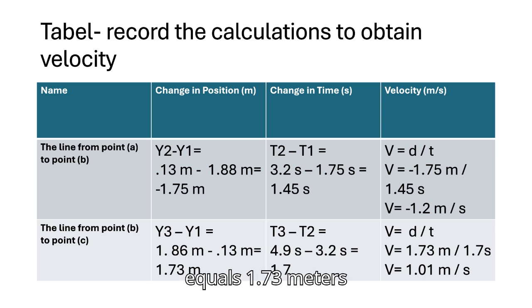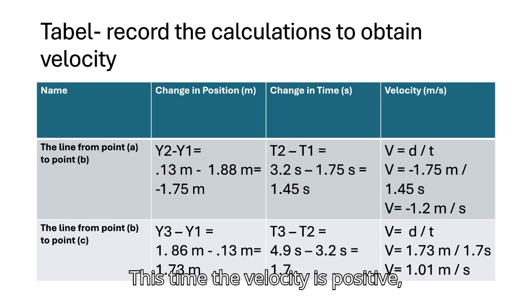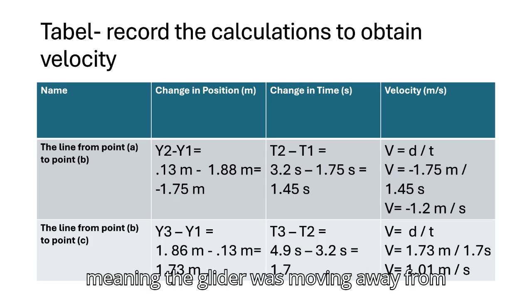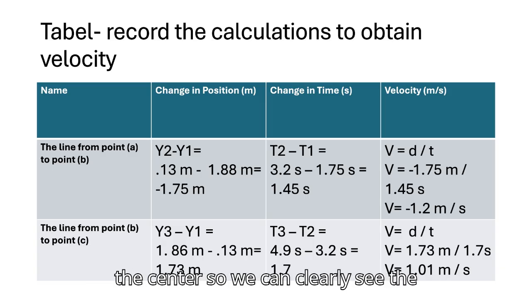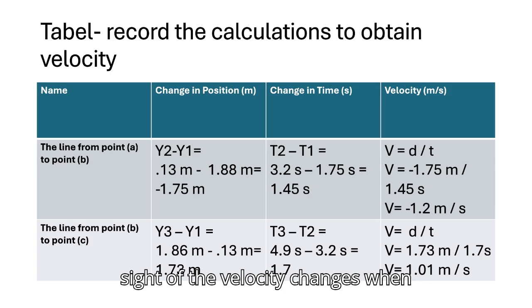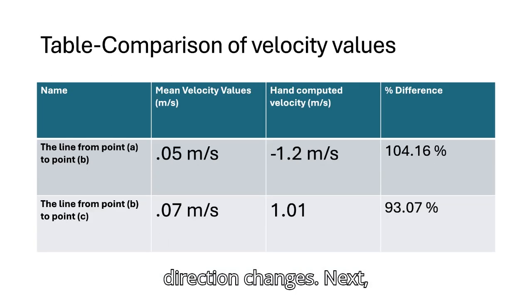So velocity equals 1.73 meters divided by 1.7 seconds, which gives approximately 1.01 meters per second. This time, the velocity is positive, meaning the glider was moving away from the center. So we can clearly see the sign of velocity changes when direction changes.